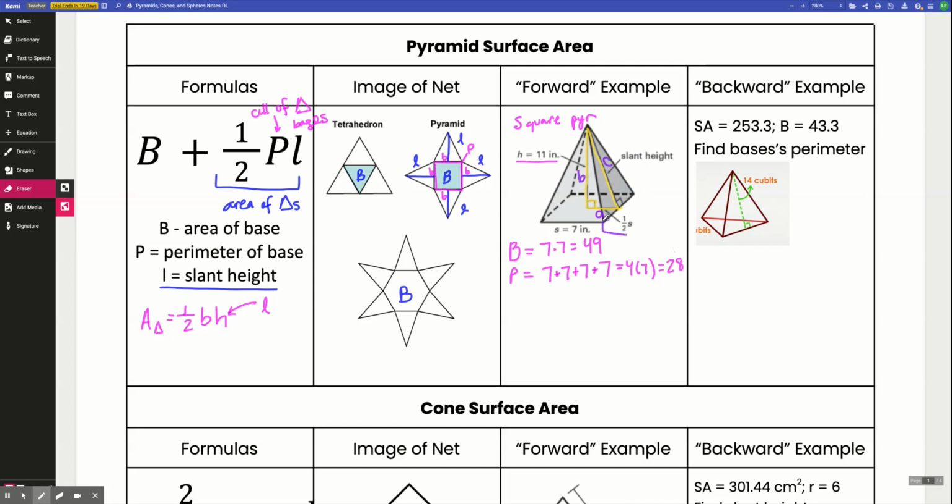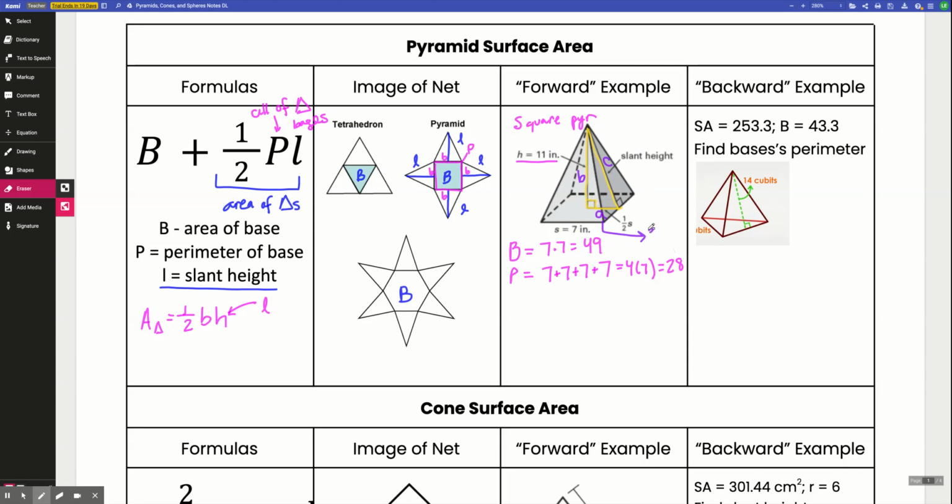Now, A right here is going to be half of this side length right here, which is what this says here, because the right triangle is basically going from the height, which goes straight through the middle of the pyramid, over to the right edge. So it only takes up half of the side length down here.